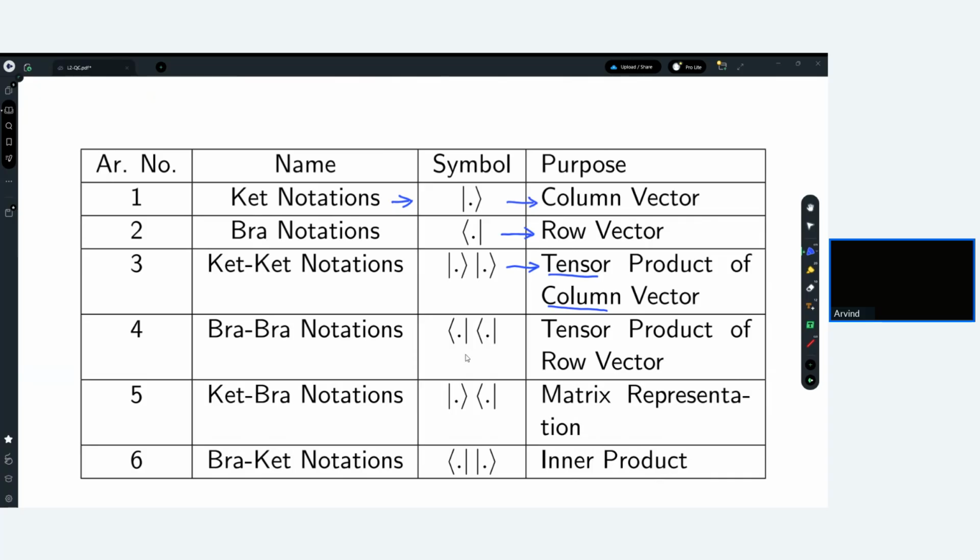And the bra notation, which is a combination of two bras, is used to represent the tensor product of row vectors. The Ket-bra notation, which is a combination of a Ket followed by a bra, is used to represent a matrix of m by n dimension. And the bracket notation, which is a combination of a bra notation followed by a Ket notation, is used to denote the inner product of vectors.